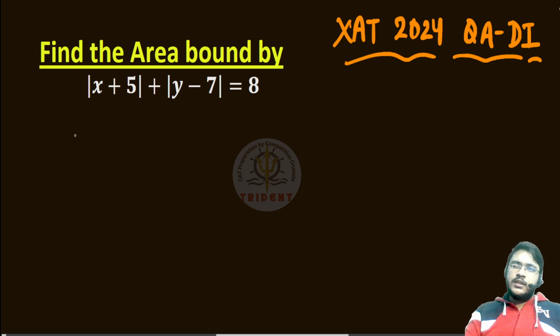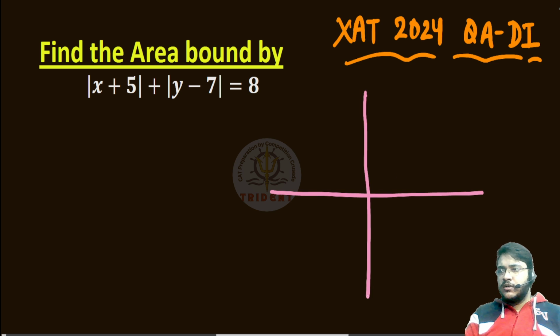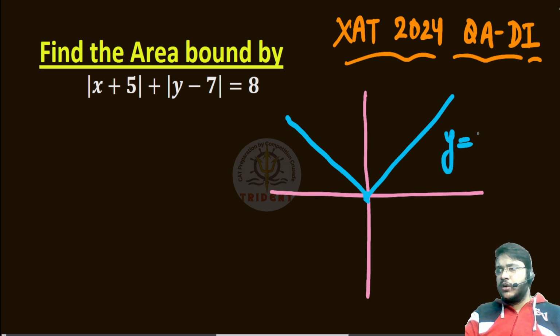The very first thing that you should be asking yourself is what exactly the graph of a modulus function looks like. It pretty much looks like this. It will be a V-shaped graph. Because I'm making it freehand, please ignore the abnormalities, but it is typically y is equal to mod of x. The only problem is here it is not y is equal to mod of x, here it is x plus 5.